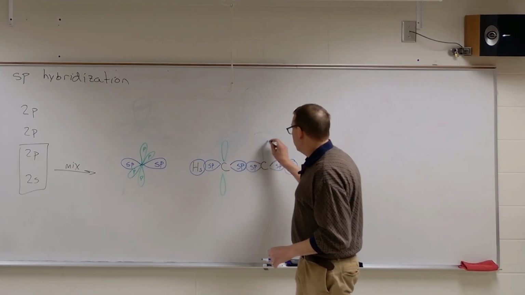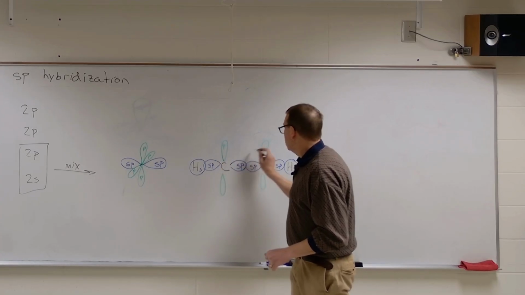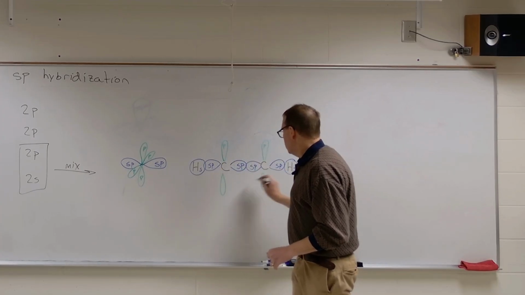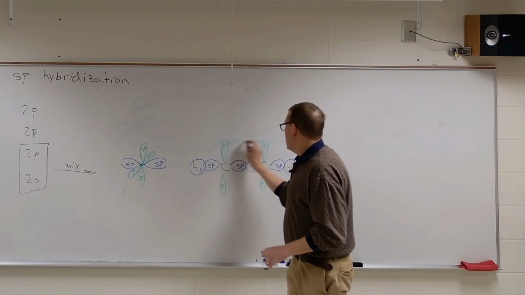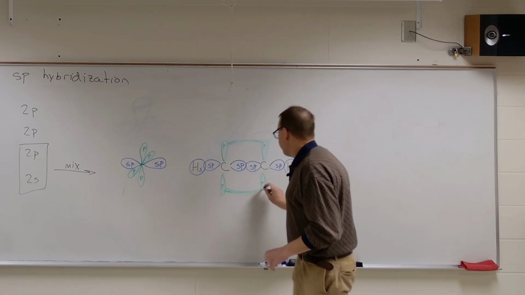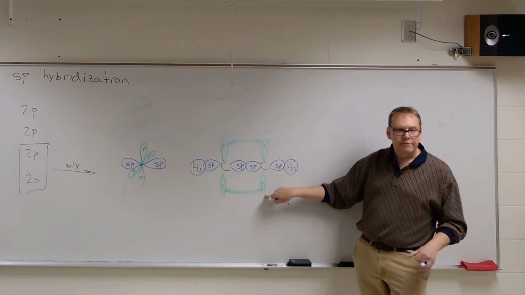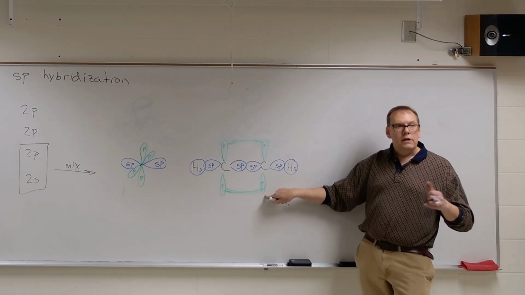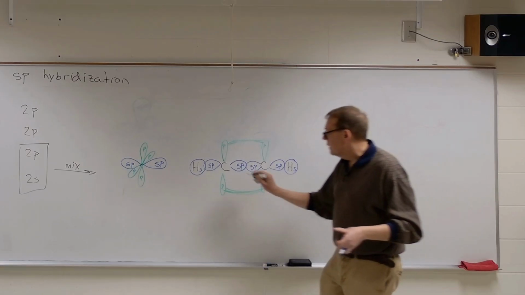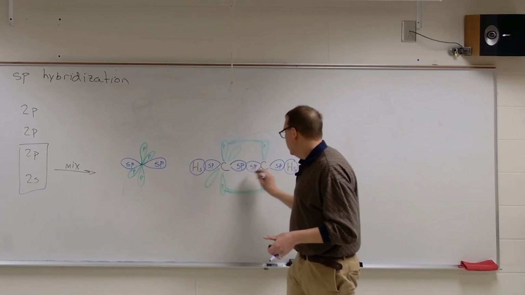and there's a couple of them that go straight up and down, p, p, p, p. So you get one pi bond right there. And that's half of it, and that's half of it. And then there's another unhybridized p orbital on each one of the carbons that juts out and into the plane.